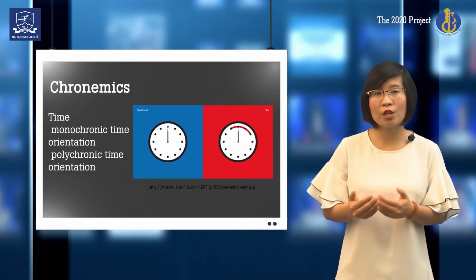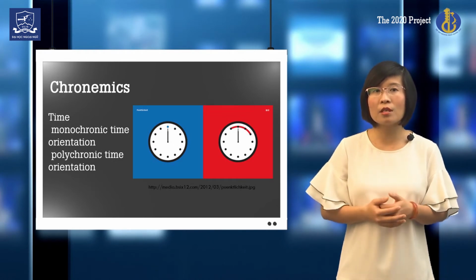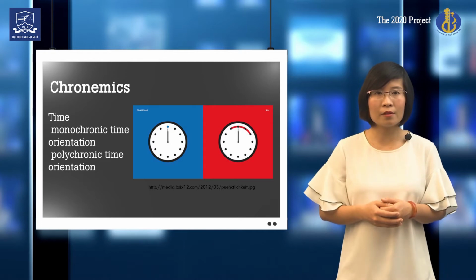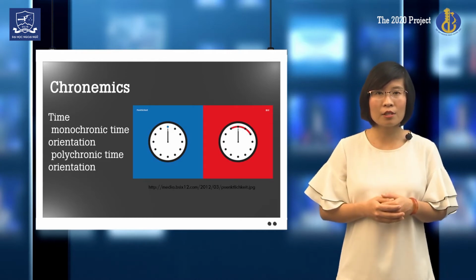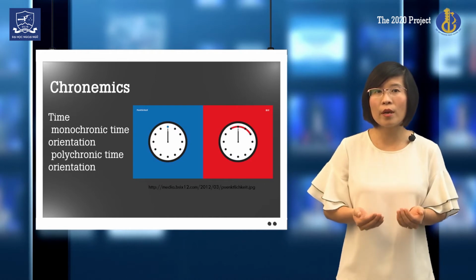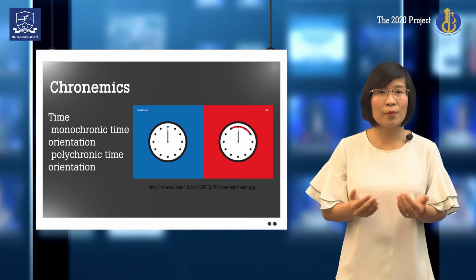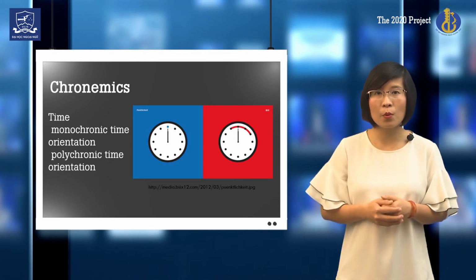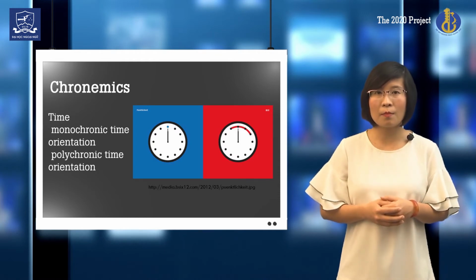Chronemics refers to the use of time. Our concept of time may influence our communication behavior. For example, a meeting in an African village does not begin until everyone is ready. A 45-minute wait may not be unusual for a business appointment in Latin America, but would probably be insulting to a North American businessman.